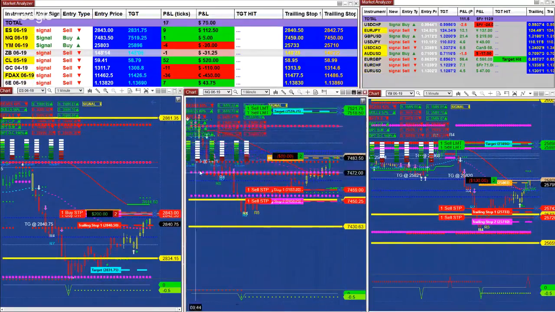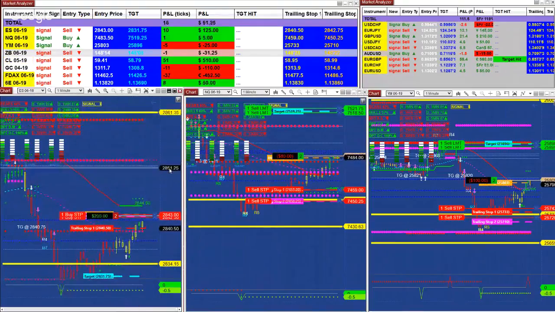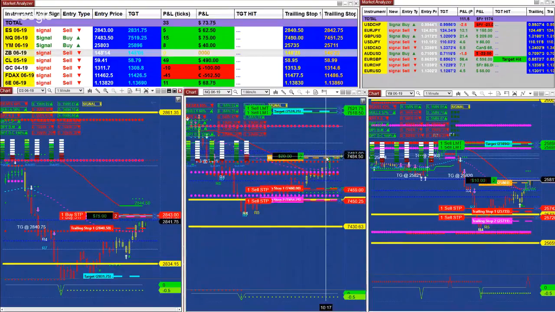And this is what is nice about it, that you can manage those trades, or maybe you say, I don't want to take those trades until I see the ES following the Nasdaq and the Dow Jones.